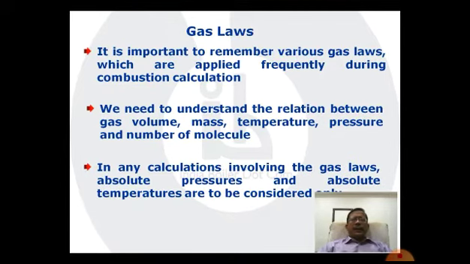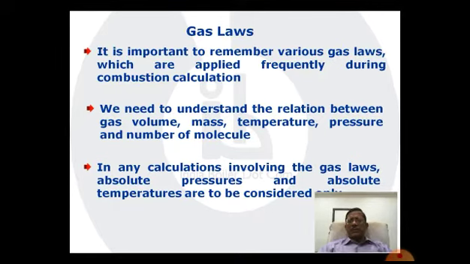Now, one thing I'll tell you in the very beginning of this tutorial: in any calculations which involve gas laws or gas equations or relationships between various parameters of gas, it is absolutely essential that the pressure should be taken as absolute pressure and the temperature as absolute temperature.